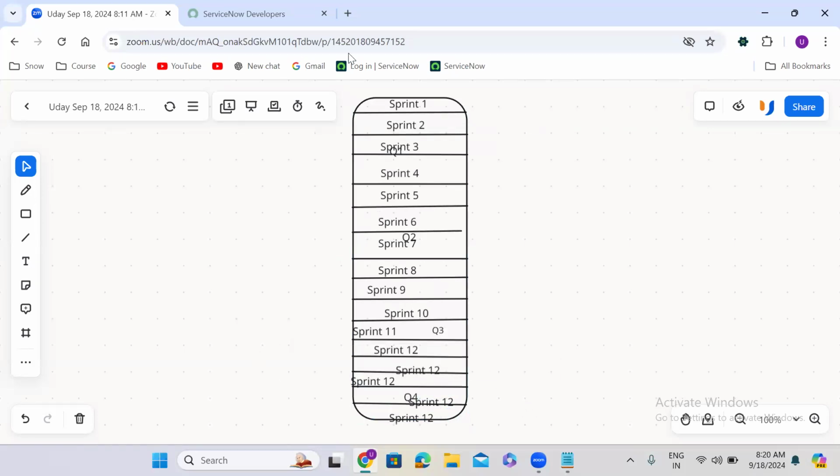So total 16 sprints, guys. Total we have 16 sprints here.